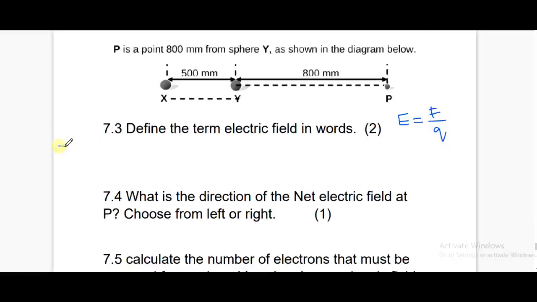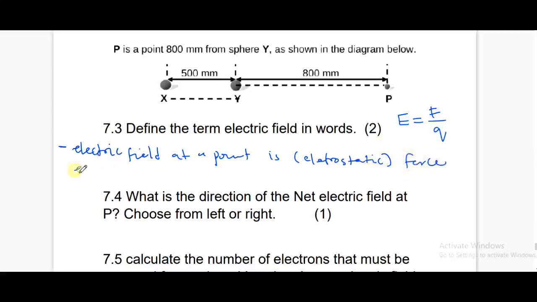So what can you say? You can say that electric field at a point is electrostatic force experienced per unit positive test charge.